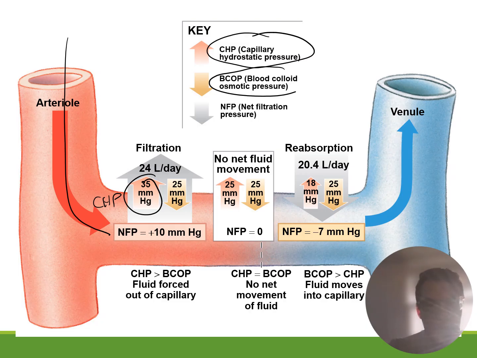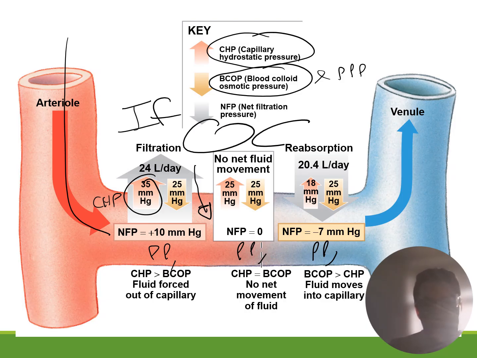But the blood colloid pressure is driven by all those plasma proteins. So all the plasma proteins that are in here, PP, are bringing this back in, and that is through osmosis. There are more solutes in here than in the interstitial fluid with all the cells out here.